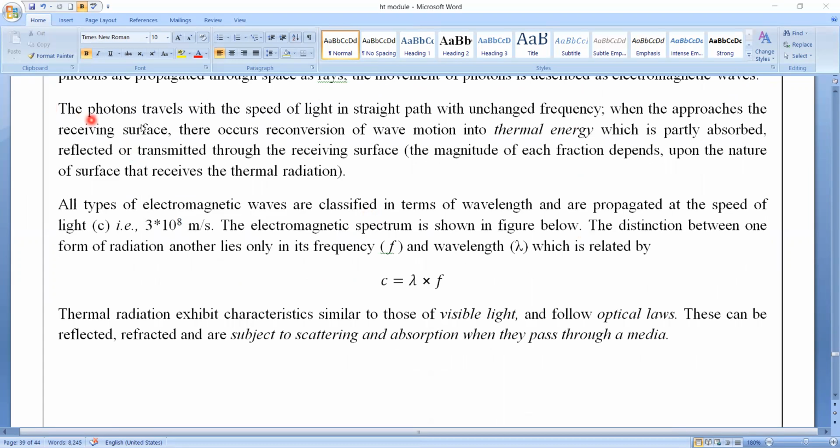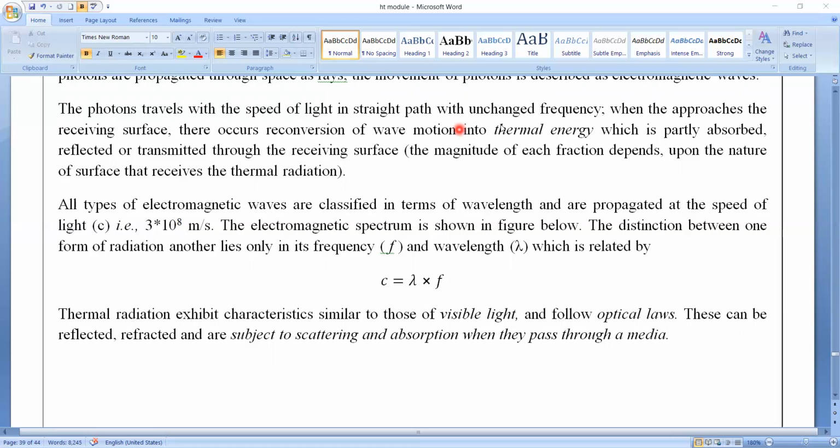Now, the photons travel with the speed of light in a straight path with unchanged frequency. The frequency remains the same because these photons, these electromagnetic waves, are approximated as light. They are analogous to light. So that's why the electromagnetic waves, that is the thermal radiation, travel with the speed of light, that is c equals 3 into 10 power 8 meter per second.